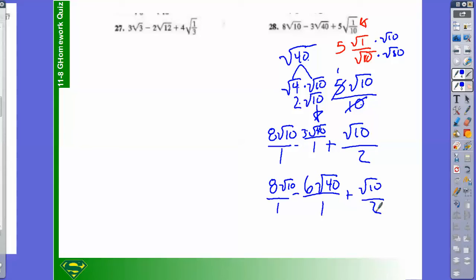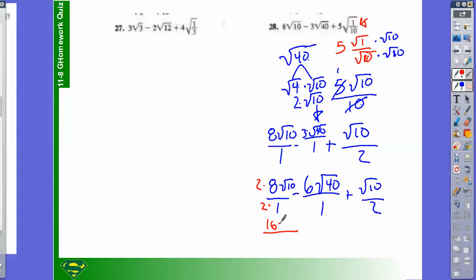So what am I going to multiply 1 by in order to get 2? What do I multiply 1 by to get 2? 2. Right. So what I multiply the denominator by, I have to multiply the numerator by. So 2 times 8 is 16.